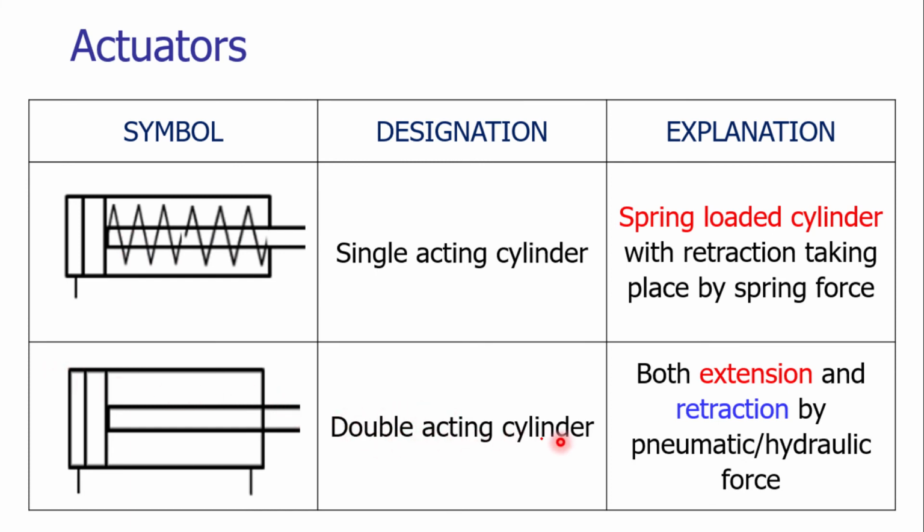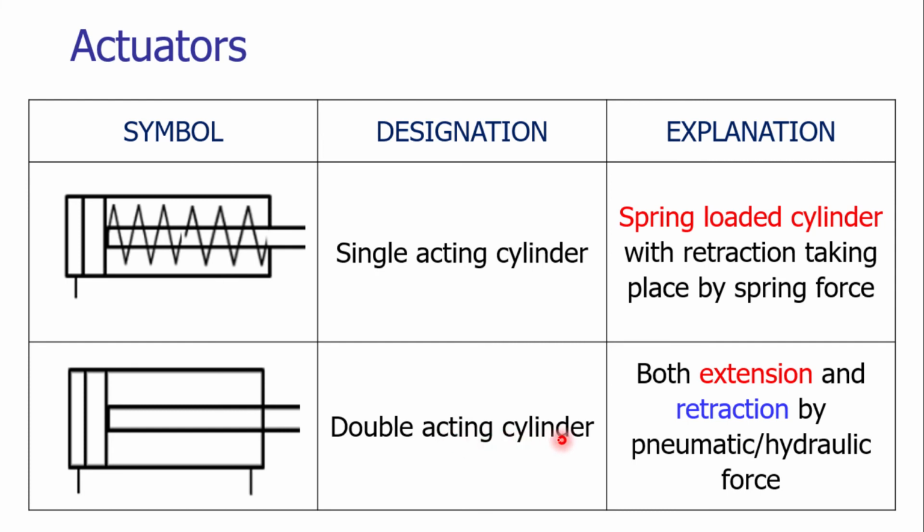In double acting cylinder, we are using two ports. In single acting cylinder, there is only one port. In double acting cylinder, as you can notice, there is a pressure port at the top side of the piston, and there is one more port at the other side of the piston movement.